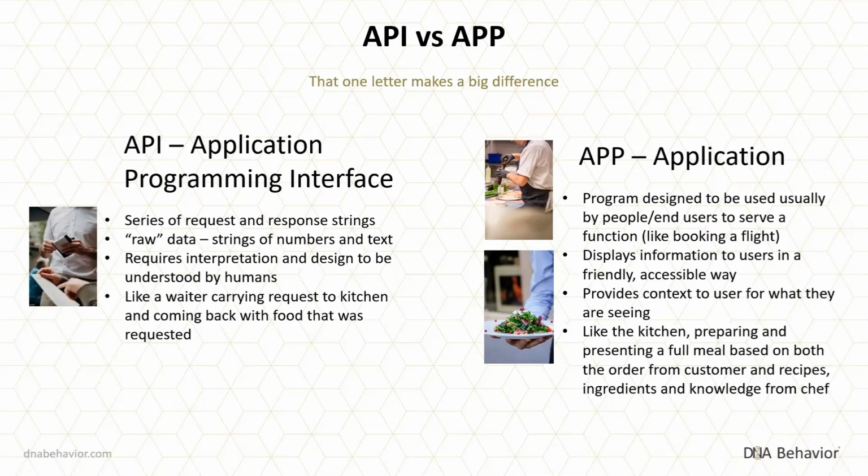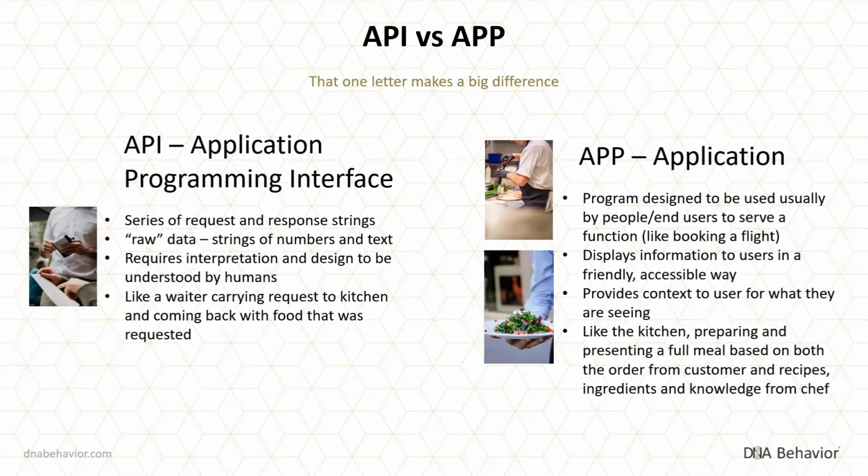It's like the waiter carrying a request to the kitchen. You may order the Cobb salad, but what the waiter writes down on his pad may be a number or maybe some sort of shorthand. The kitchen takes that shorthand and recognizes that what you want is the Cobb salad. And so it takes its knowledge, its information, its instructions and recipes, and creates that Cobb salad.